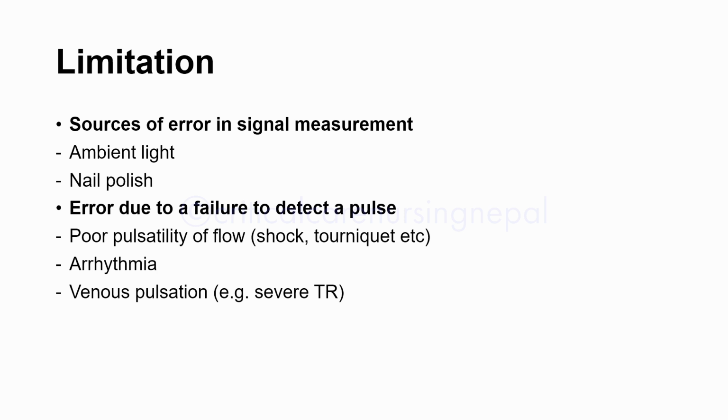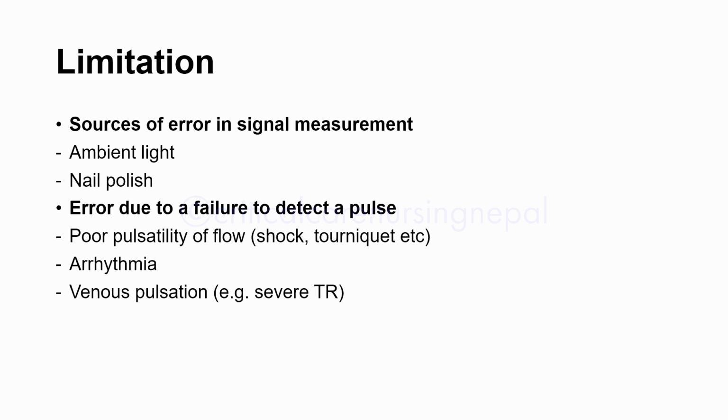Similarly, in atrial fibrillation or arrhythmia that causes beat to beat variations in pulse pressures, the device gets confused and you will see an erratic waveform and a fluctuating number. Similarly, with venous pulsations, in severe tricuspid regurgitation or high PEEP, venous blood pulses backward.